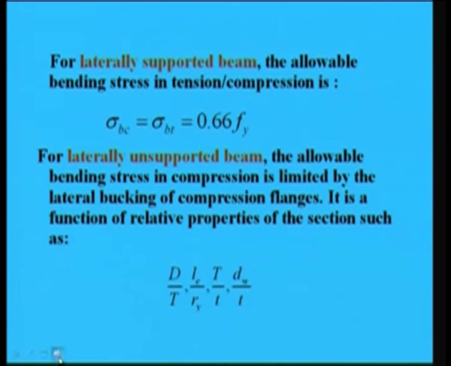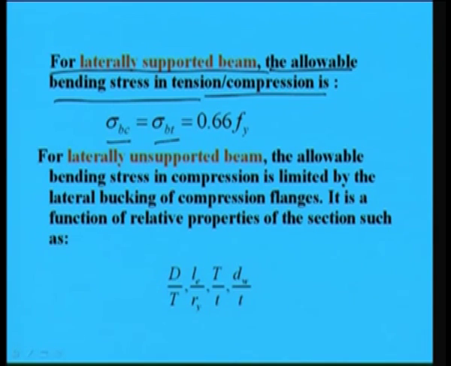Now, for a laterally supported beam, the allowable bending stress in tension and in compression is equal, that is sigma b c equal to sigma b t, which is equal to 0.66 f y. So remember, for a laterally supported beam, as per the code provisions, sigma b c and sigma b t will be equal to 0.66 f y, where these are the allowable bending stress in compression and in tension.